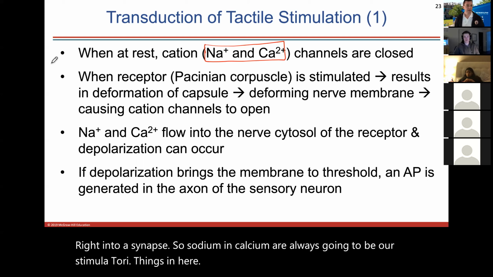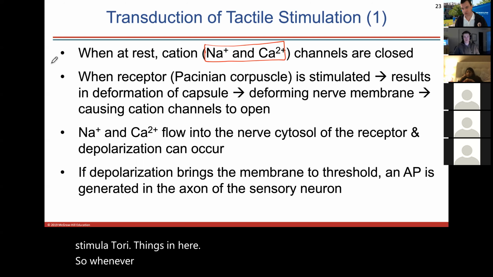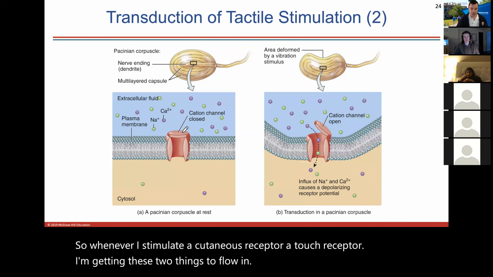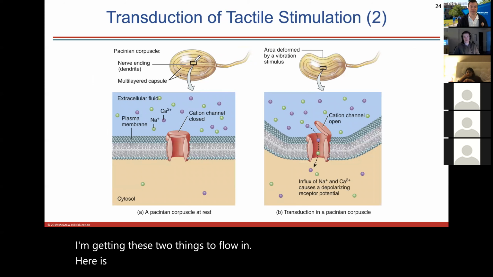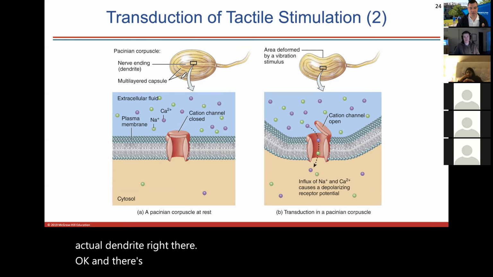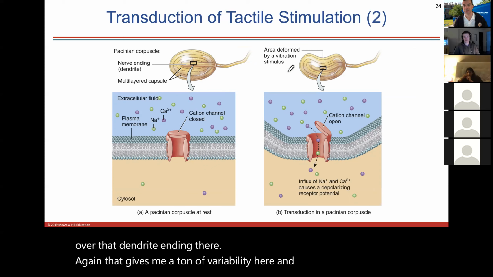So whenever I stimulate a cutaneous receptor, a touch receptor, I'm getting these two things to flow in. Here is my Pacinian corpuscle. There's a fabulous picture of it. There's the actual dendrite right there. And there's all this lamellation over that dendrite ending. Again, that gives me a ton of variability in how I can interpret deep touch or deep pressure.